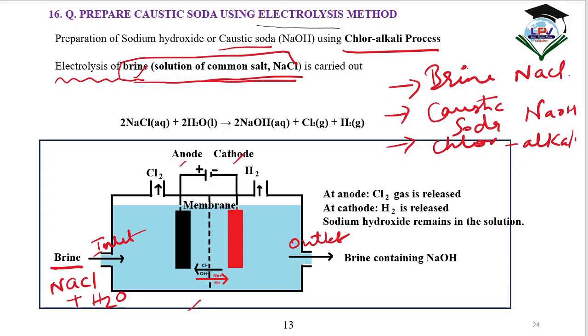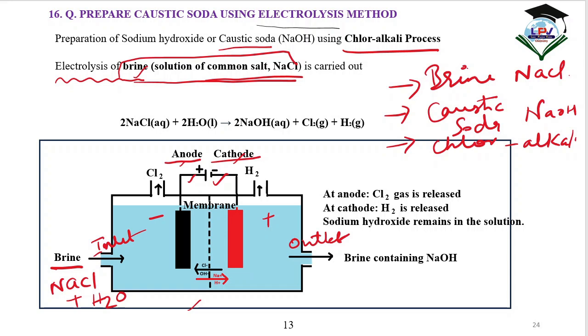One is the anode, which is positive, and the other is the cathode, the negative. Cathode has the ability to attract the positively charged ions and anode has the ability to attract the negatively charged ions.